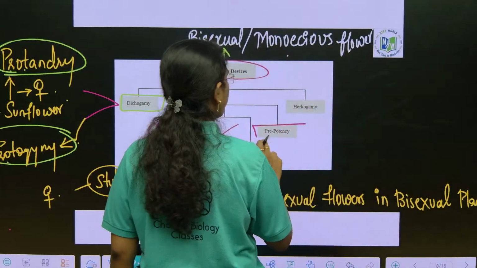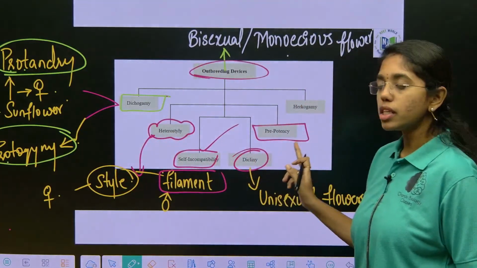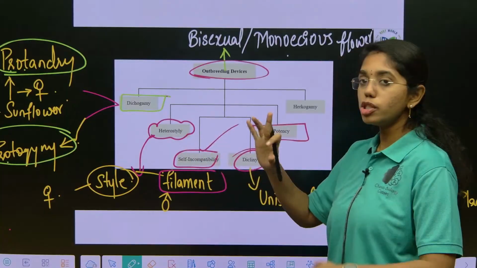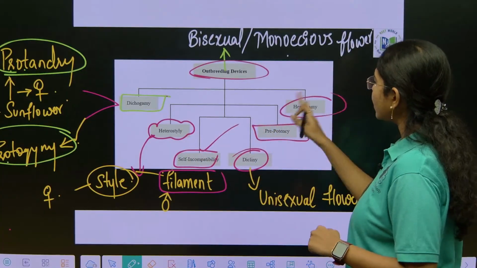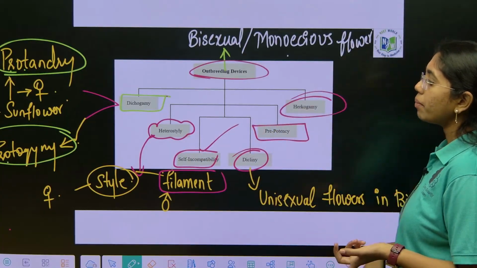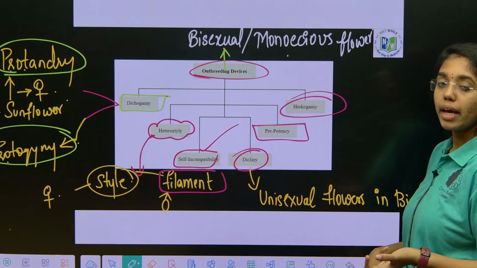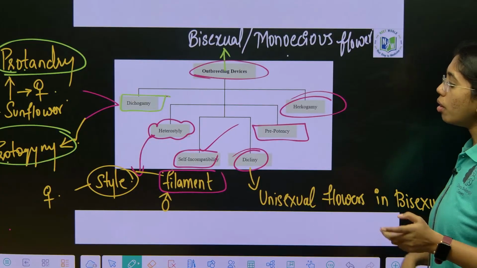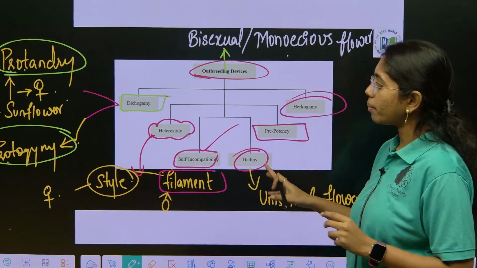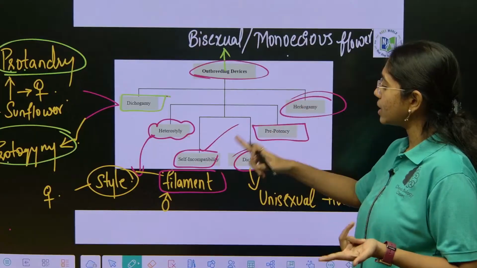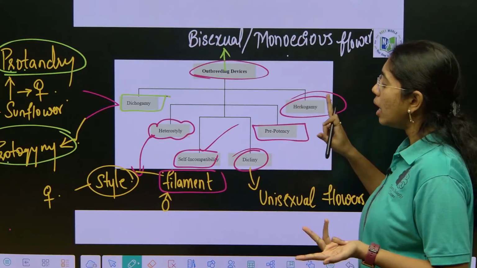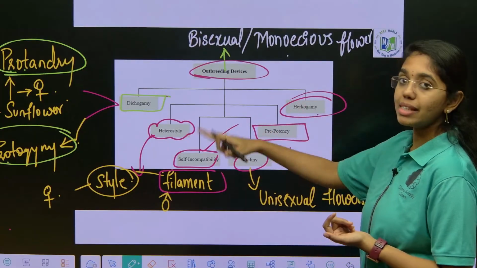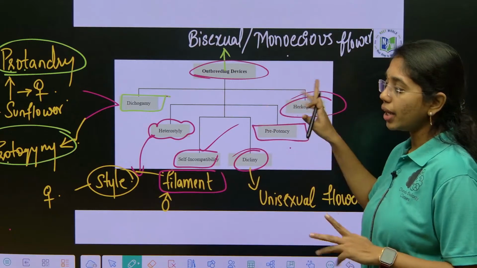Fine, right? Next, prepotency. Prepotency is also the same thing, that is prior maturation. Next is hercogamy. Hercogamy is also the same thing, wherein anther and stigma will be incompatible. So, these things you have to keep in your mind: dichogamy, heterostyly, self-incompatibility, dicliny, prepotency and hercogamy. These come under outbreeding devices.